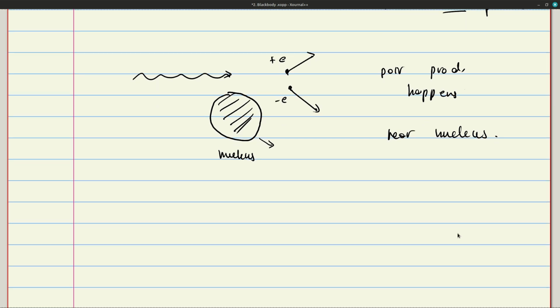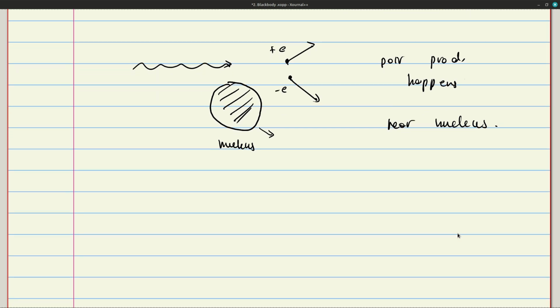So let's estimate the orders of magnitude for this process. After the pair production, I need to have at least 2mc² excess energy, right? Initially there is no mass, there is only a photon, and we said change in energy of the nucleus is negligible.